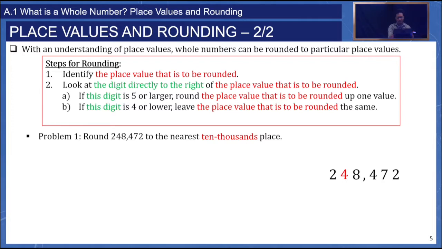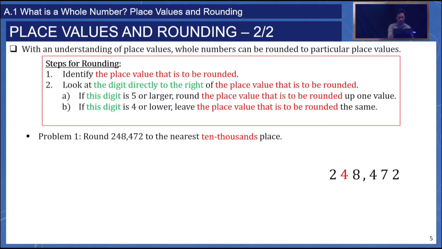Choice A is if the digit is 5 or larger, you're going to round the number in red, the number that you first identified, up 1 value. In other words, just add 1 to it. However, if it's 4 or lower, then you're going to do choice B. Choice B says if this digit is 4 or lower, you're just going to leave that number you identified the same. You're not going to add it. You're not going to subtract it. Just keep it the way it is.